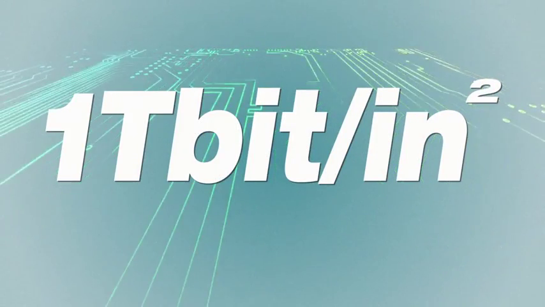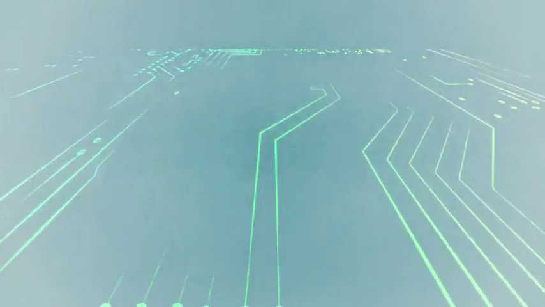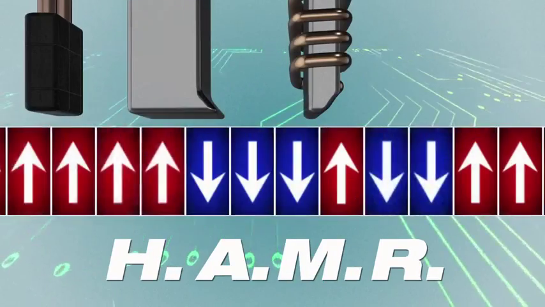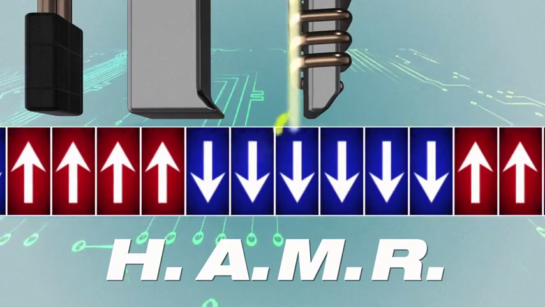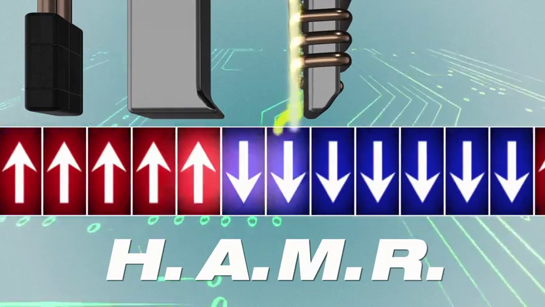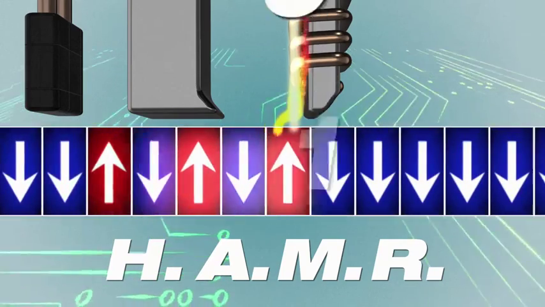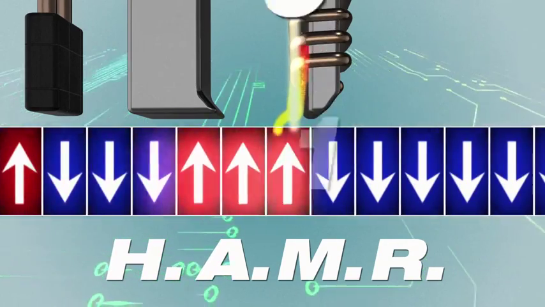Recently, the potential limit has been increased yet again through heat-assisted magnetic recording. This uses an even more thermally stable recording medium whose magnetic resistance is momentarily reduced by heating up a particular spot with a laser and allowing data to be written.